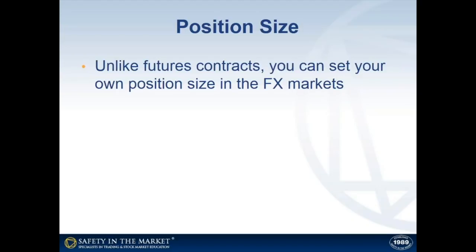But if you want to take a $130,000 position or a $150,000 position or a $170,000 position, you can't do that using futures. So you either have to take a risk that's larger or smaller than you want it to be. In the FX market, you can actually set your position sizes in $10,000 increments. So you've got a lot more flexibility to have the same dollar amount of risk on your trade.